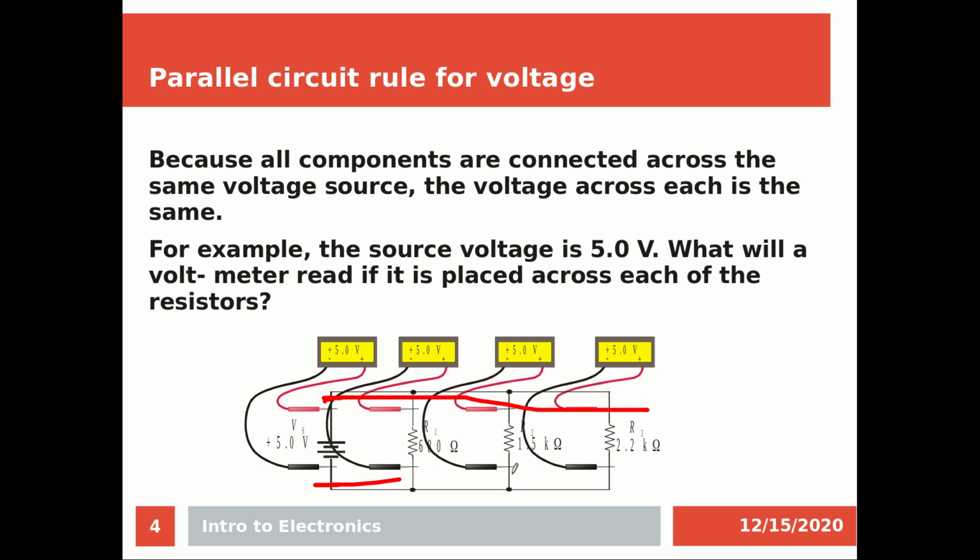You measure the voltage across each resistance, and it is the same because nothing happens in between. There is no resistance to dissipate some of this voltage. So this is the same voltage: V1 equals V2 equals V3 equals Vs. Okay, so this is the voltage.